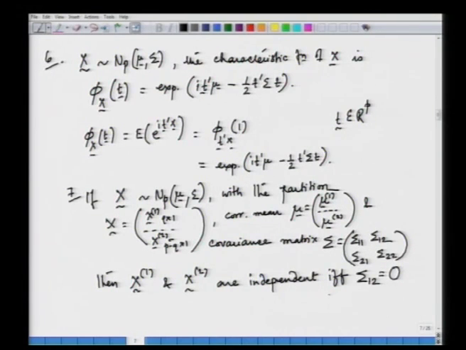This if and only if part is important in the case of the multivariate normal distribution. They are independent if, and conversely, if this is a null matrix, x 1 and x 2 will be independent. Okay, so we are going to the proof of this result.